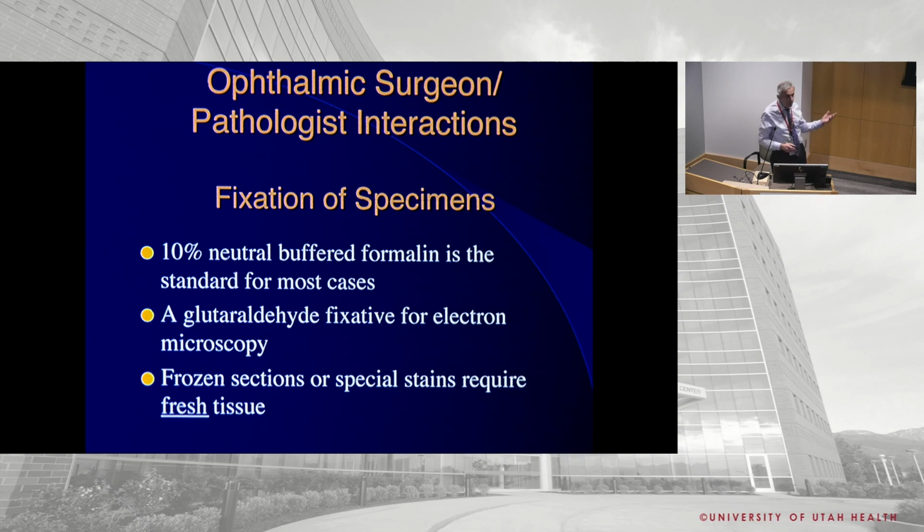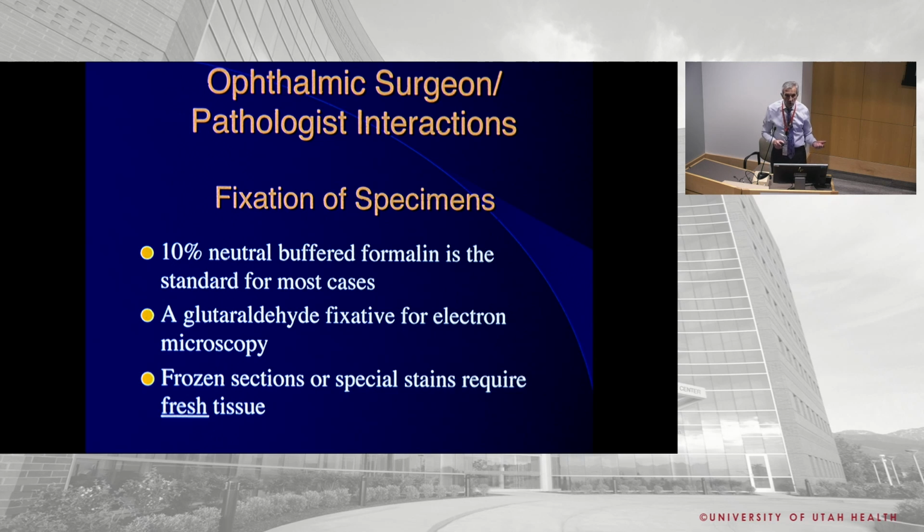Now, sometimes people want frozen tissue to look at margins and other things. For frozen, you have to let us know because we need fresh tissue. When you're submitting something for frozen sections, do not put it in formalin. Take a sponge, like a 4x4, moisten it, put the specimen on that, put that in the container, and call us immediately.